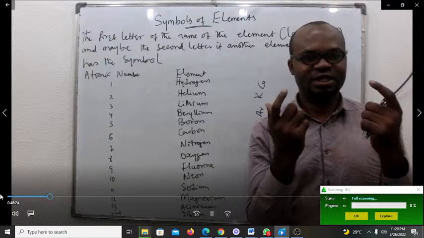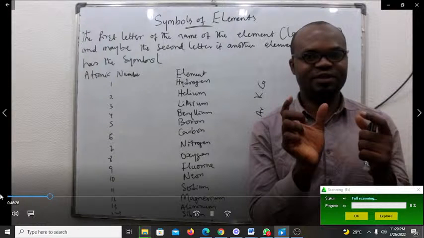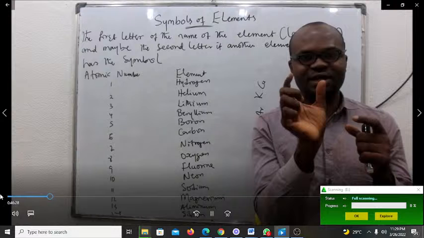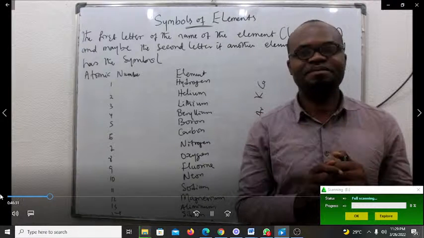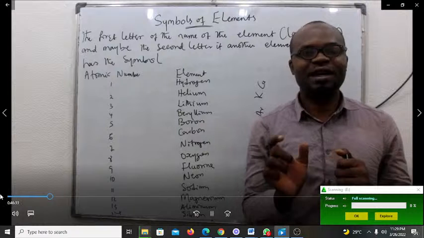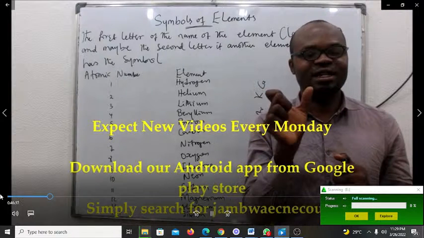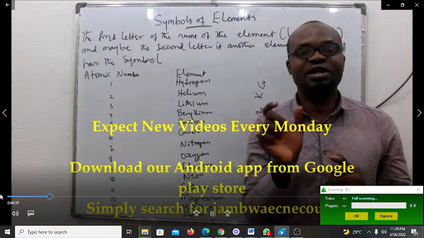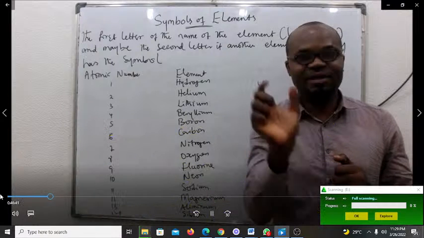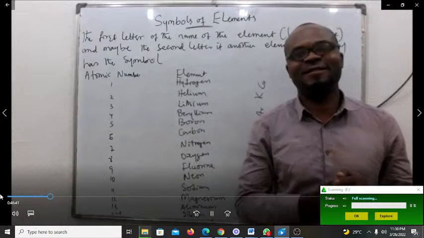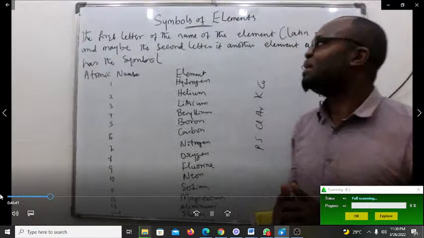If the first letter is already taken, you can use the first letter plus the second letter. You can also use the first letter of the Latin name of the element, or the first letter and the second letter of the Latin name. That is how we come about symbols of elements.